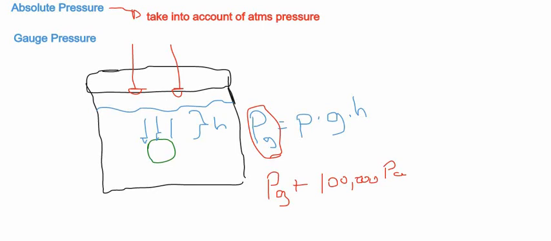Now let's look at a couple laws first. Now we're talking about hydrostatics. Hydro meaning water, and statics meaning that the water is not moving. So the first law that we're going to look at is Pascal's law. Let me write down the formula first, or how it's going to be applied, and then it's pretty straightforward from there.